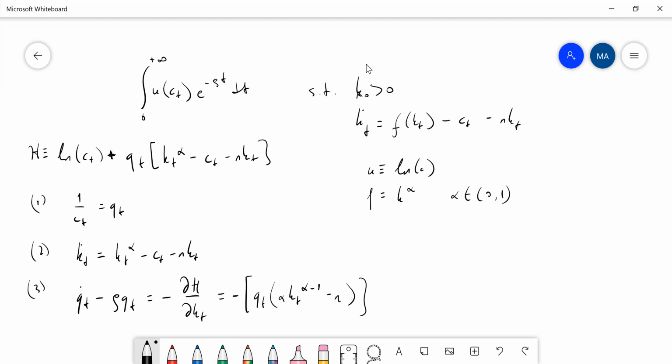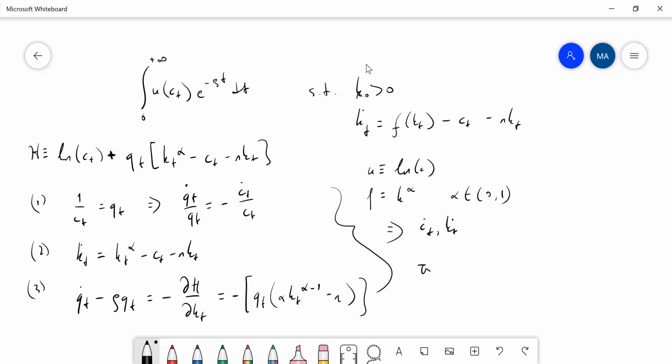Then we realize that q_t dot divided by q_t is basically minus c_t dot divided by c_t. So the consumption growth rate is equal to minus the growth rate of the co-state variable. Using these three things, we obtain the dynamical system.